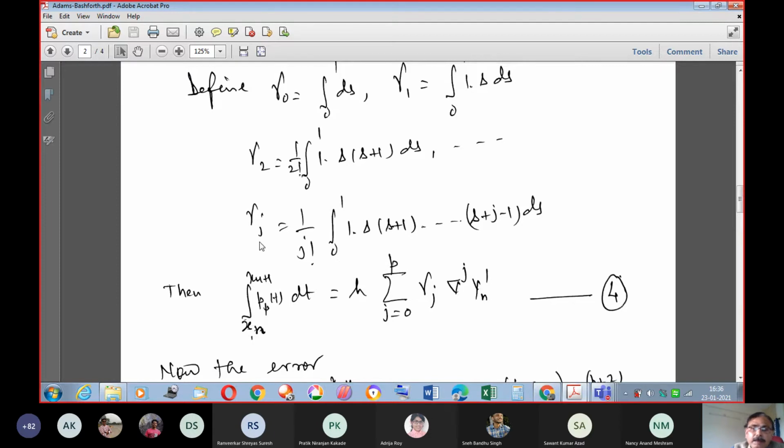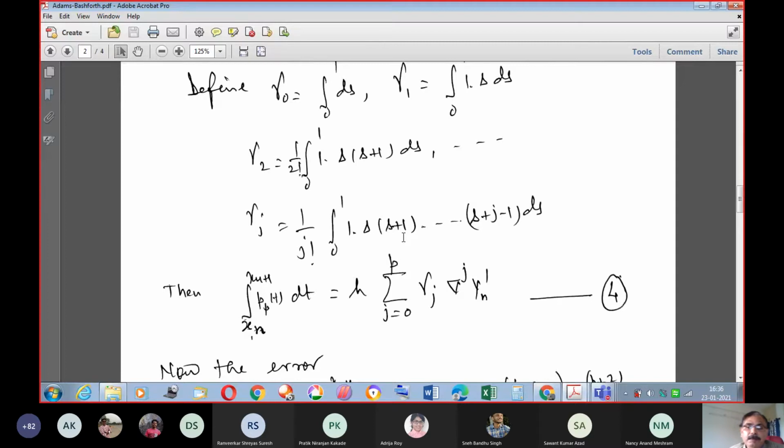The next will be gamma 2. This will be 1 by 2 factorial. So the three terms will come, meaning 1 dot s plus 1, and like that. So this way this gamma j is defined. So is this definition of gamma j clear to everybody? Yes. So if you make a little mistake, then everything is gone.